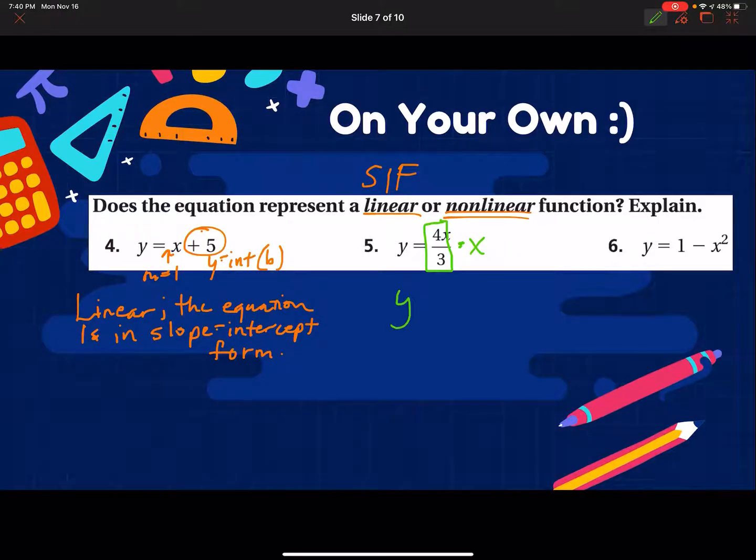So if I just simply wrote my 4/3 as my slope and put x beside it, then I have it in slope-intercept form just like that. So we can say number 5 is also linear.